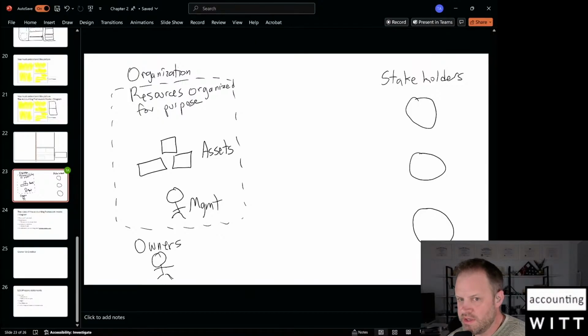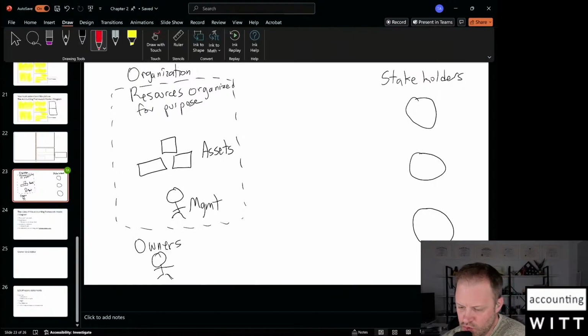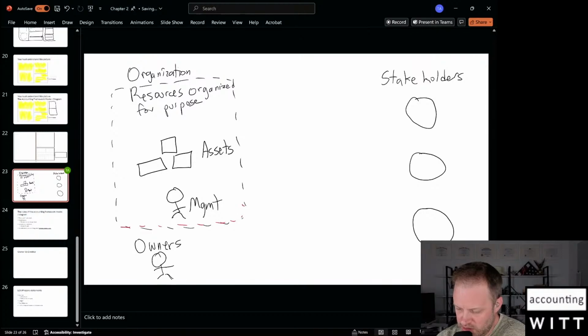So what an owner is, one of the rules of this game is that if the bubble popped, or if this organization was going to liquidate, all of the assets go to the owners. Unless there are creditors.